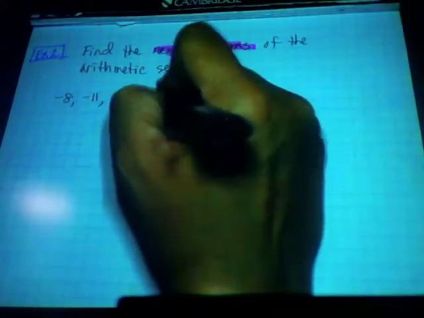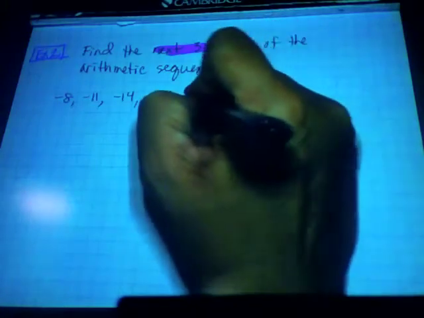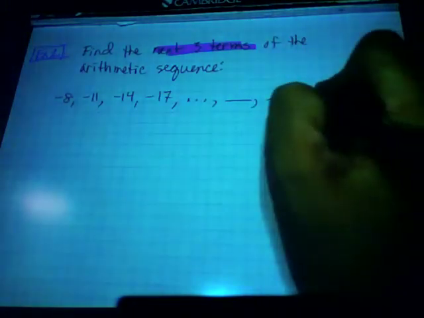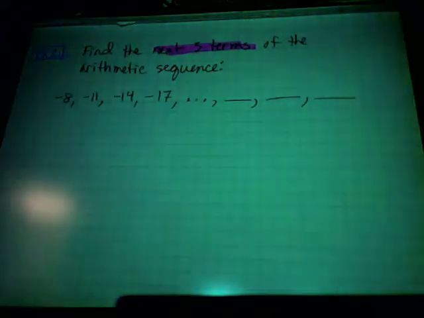We have -8, -11, -14, -17, dot dot dot. So this is where your answers are going to go.